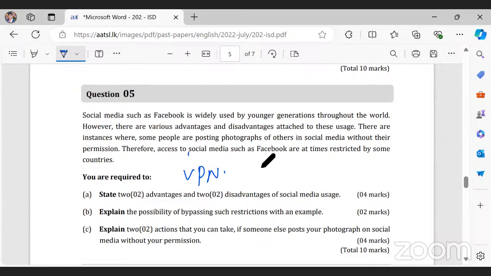If this is a German VPN, even though you are physically in Sri Lanka, virtually you are in Germany, right? You can use VPNs.